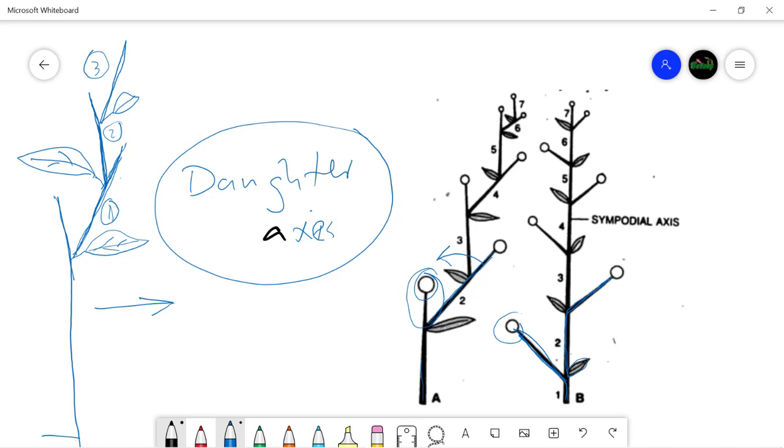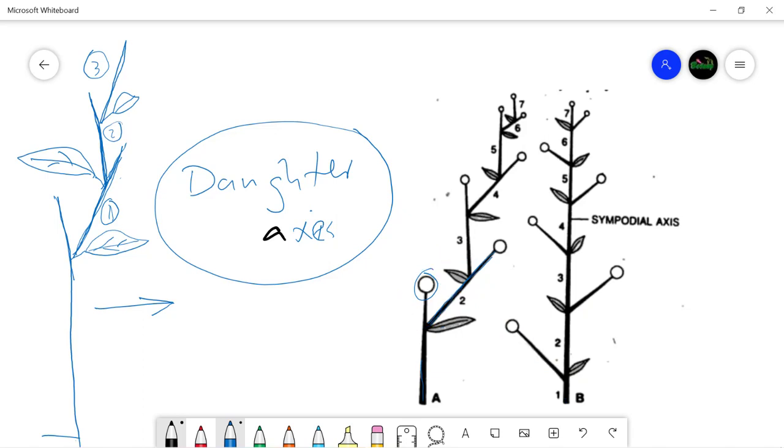And why has it bent? Because when this particular axis tries to straighten out, as you can see, we have leaves on the right, and so to say a branch on the left, then a leaf, then a branch. It gives the appearance as if the leaves are on the right side and the branches are arising from the left side.